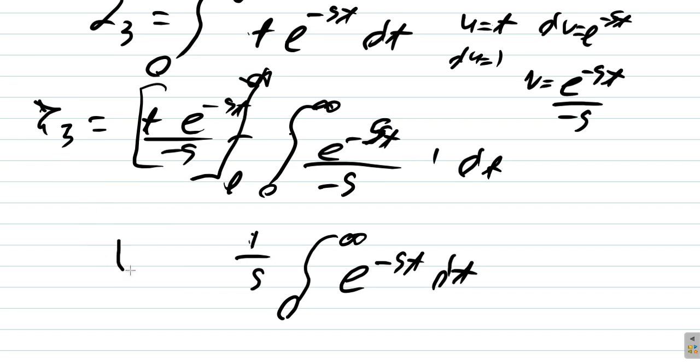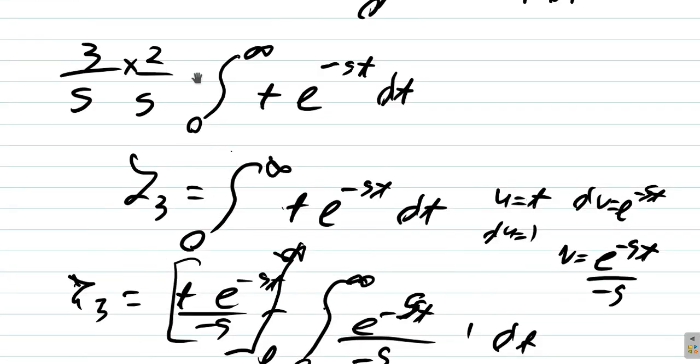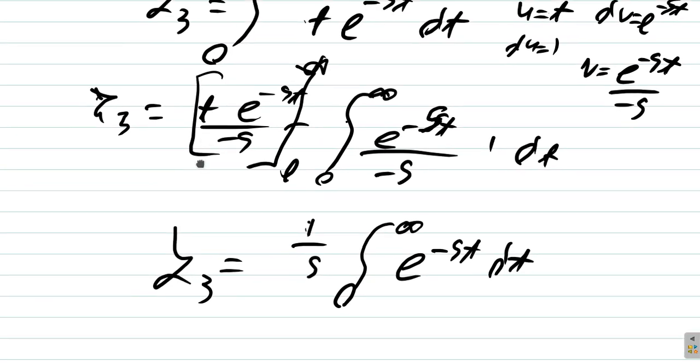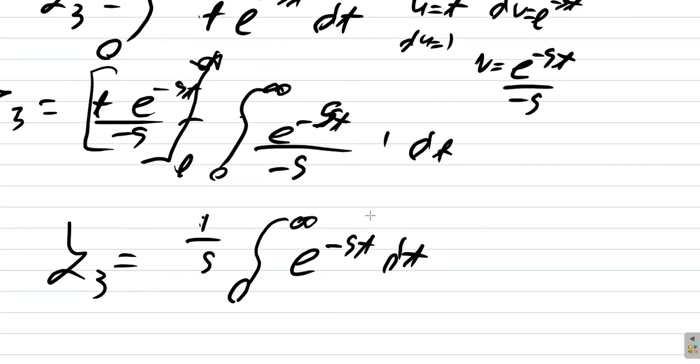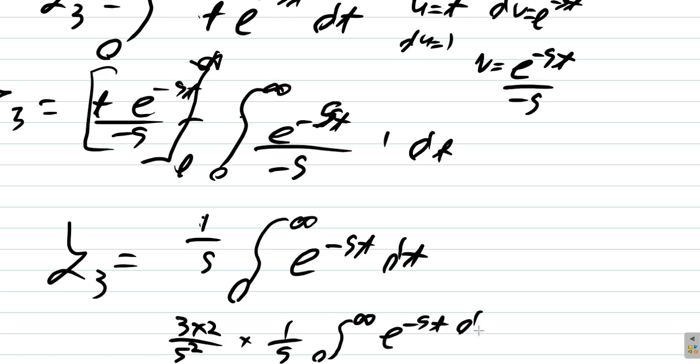this is our third L3. L3 must be multiplied by 3 by 2 over s by s. So here, what we have is 3 times 2 over s times s, which is s squared, must multiply 1 over s integral from 0 to infinity of e to the negative st dt.